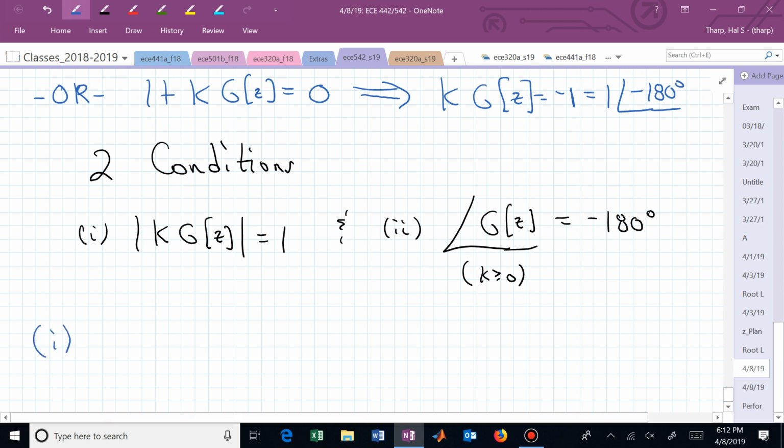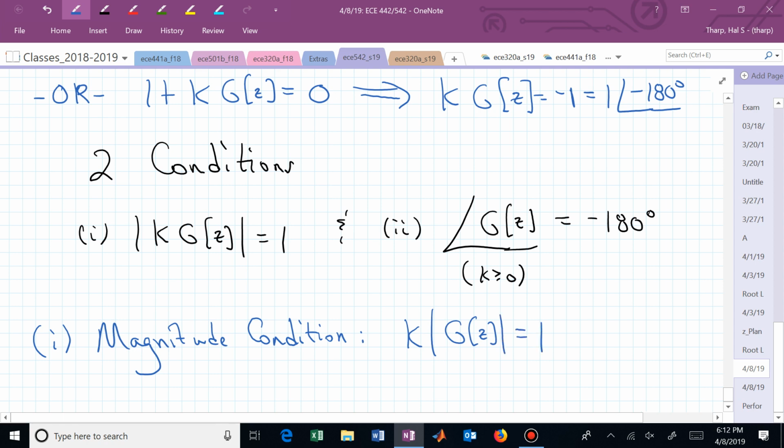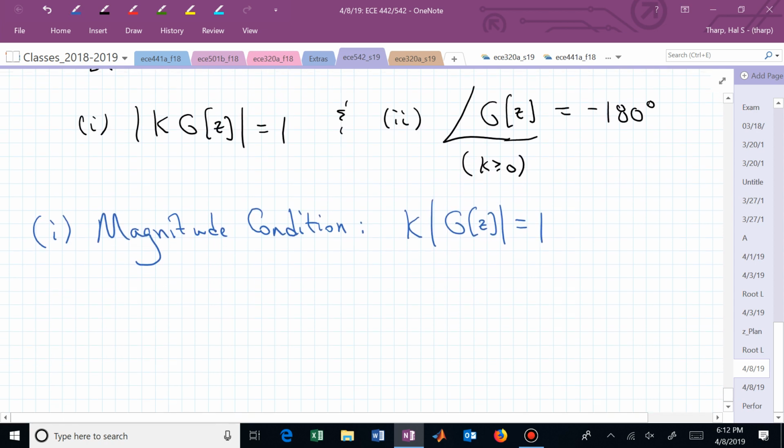Suppose we look at the first one, the magnitude condition. If K is non-negative, we can factor that outside the magnitude. And we know what G of z was. And the magnitude of a ratio is the ratio of the magnitudes, and the magnitude of 1 is 1.